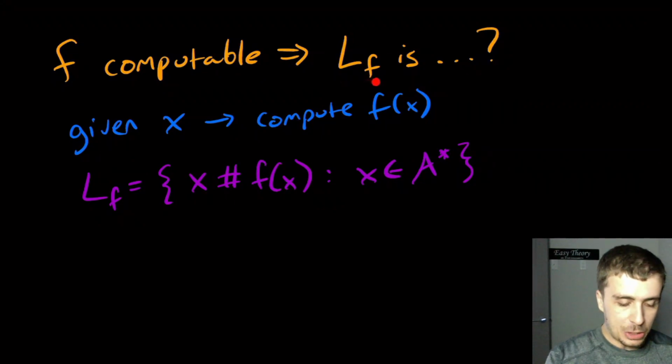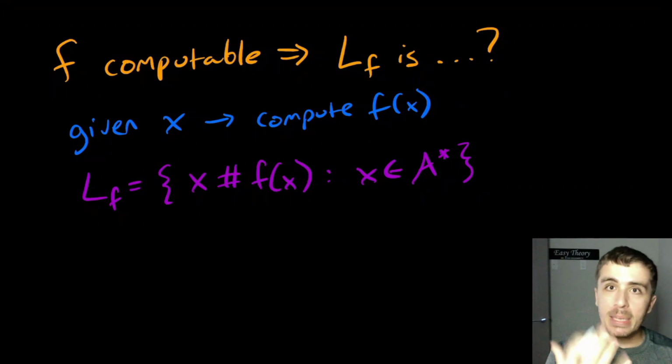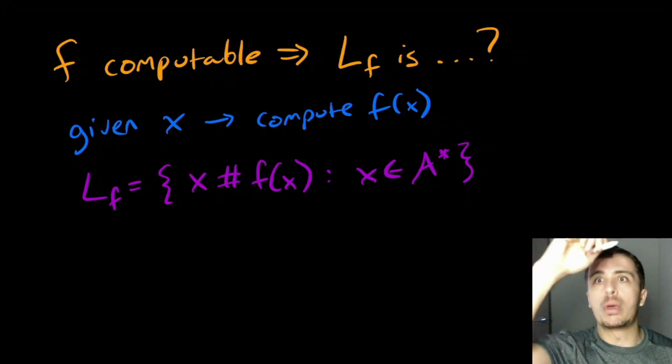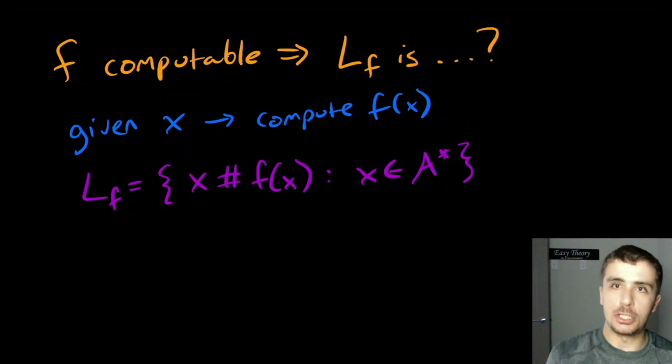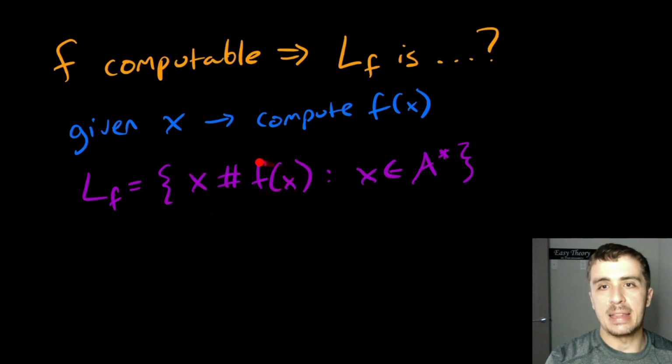Let's say we wanted to figure out whether it was decidable, just as an example. Then we have to produce an algorithm for this. And even if it was recognizable, we would have to produce some procedure where we're given some input and then answer accept or reject, as the case may be. So here we're given some input that looks like this.